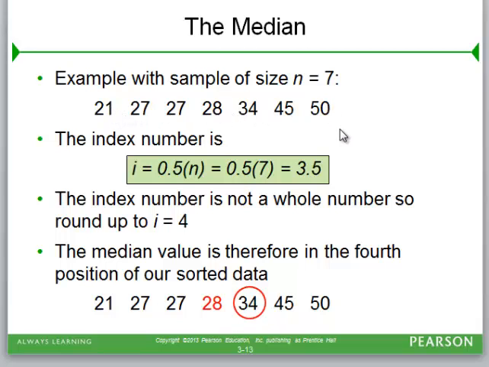Then the index number is 0.5 times the number of values, that is 7, so we get 3.5. We round up to the next highest whole number, which is 4. Then the median is the 4th value in this group of data: 1, 2, 3, 4. Okay, 28 is the median of this group of data.